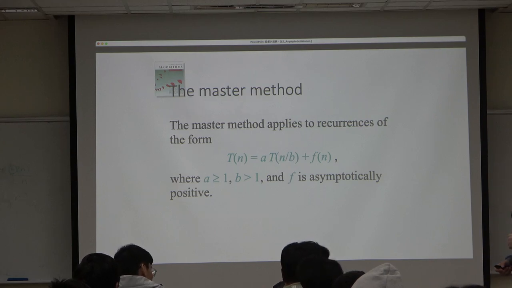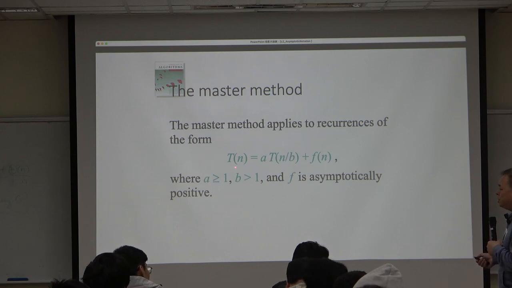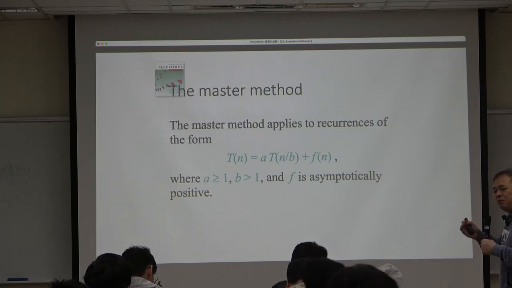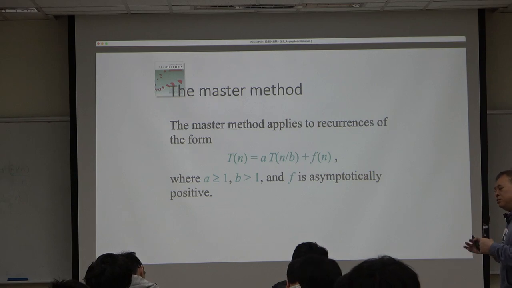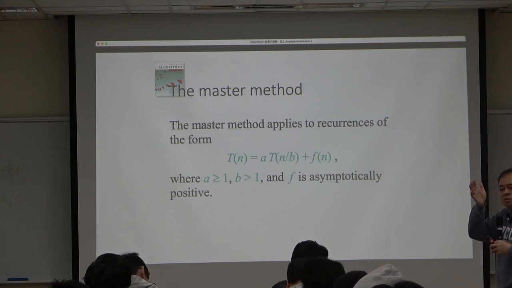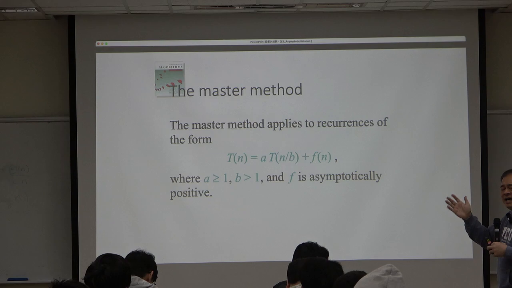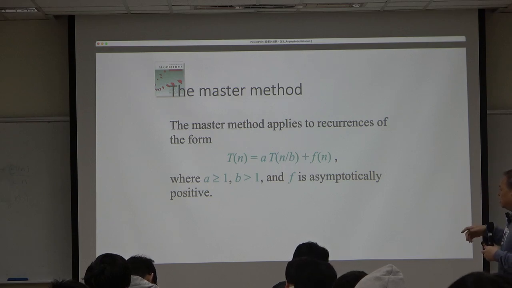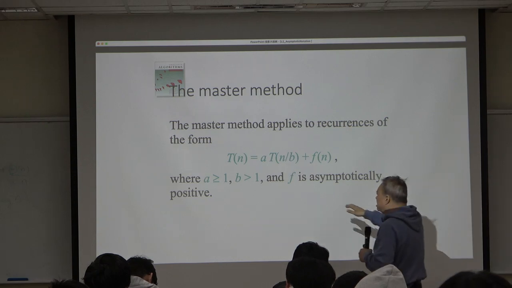In divide and conquer, you usually break the problem into a number of smaller problems, usually equally sized, so you have n divided by b.